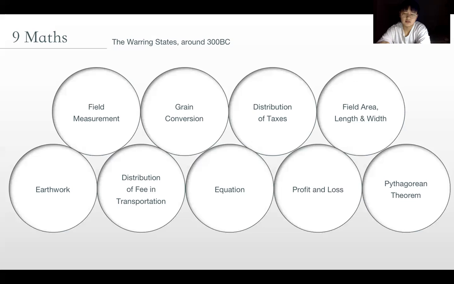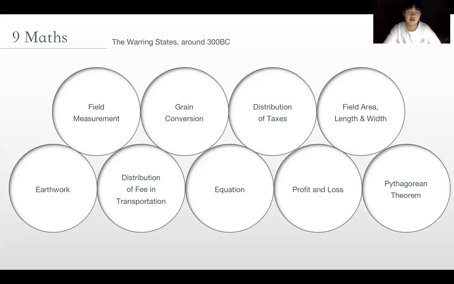Profit and loss is more used in business. And the last one is the Pythagorean theorem. That's really an old and classic one, and we have also learned that earlier this semester.